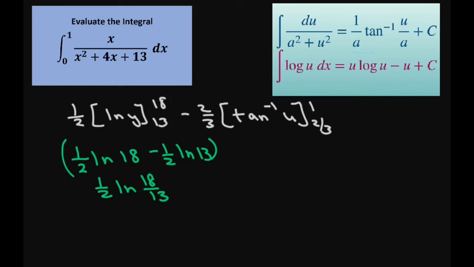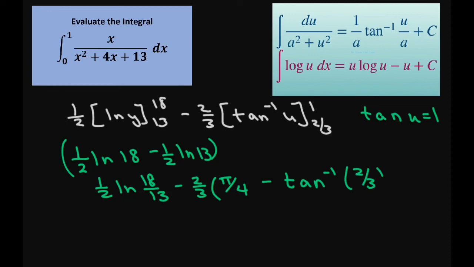Now this piece here is going to be minus 2/3, and for the 1, inverse tan, or tan of u, equals 1 when u is pi divided by 4. So you have pi divided by 4 minus inverse tan of 2/3. And that's for your lower limit.